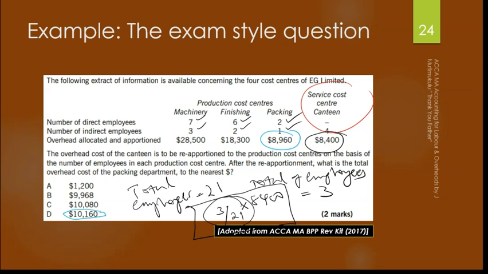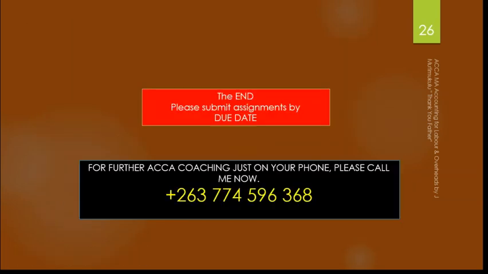This is how you should have attacked this question, and I'm very confident that, ladies and gentlemen, you have gained all the skills you required to ace questions linked to overhead absorption, overhead apportionment, overhead allocation.